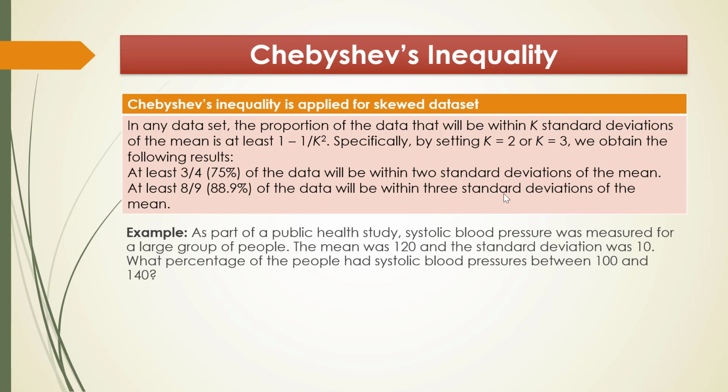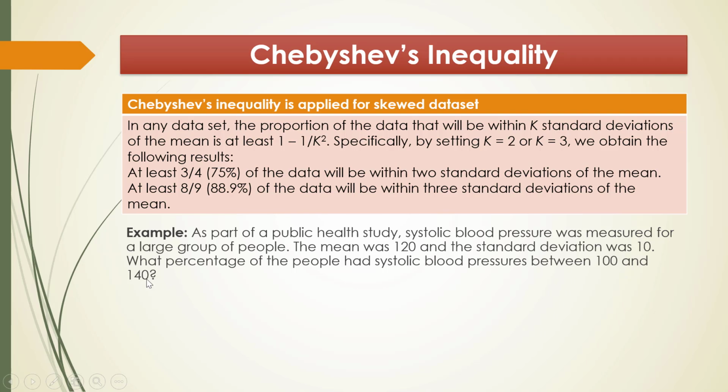For example, as part of a public health study, systolic blood pressure was measured for a large group of people. The mean was 120 and the standard deviation was 10. What percentage of people had systolic blood pressures between 100 and 140? Here we notice 120 is the mean, and we consider an interval from 100 to 140. The difference between 100 and 120 is 20, which is 2 times the standard deviation.